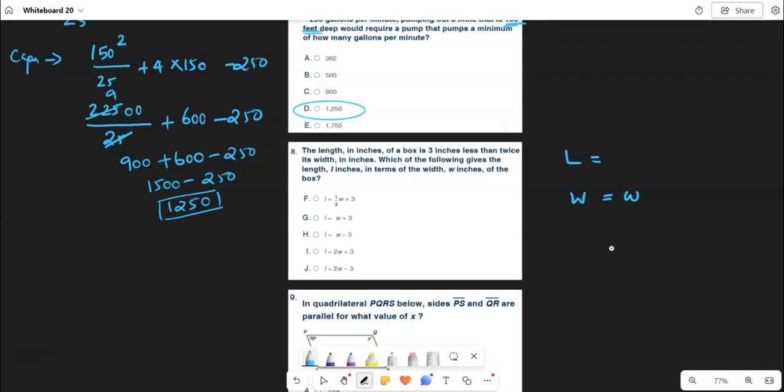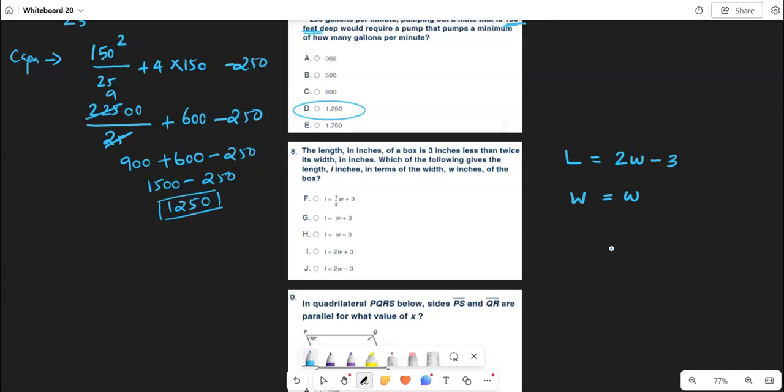You should be very careful when you are approaching this vocabulary. Twice means 2 times and less means minus 3. So 2 times the width, 3 inches less, so minus 3.